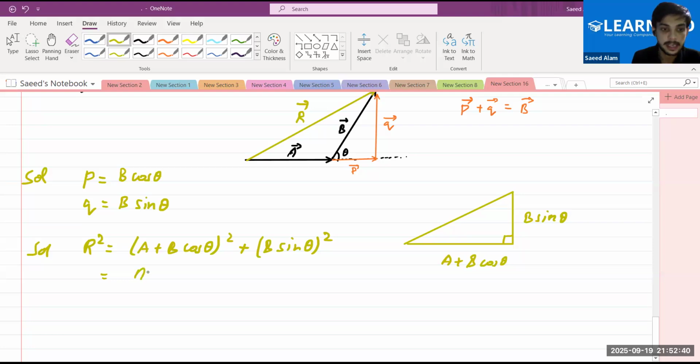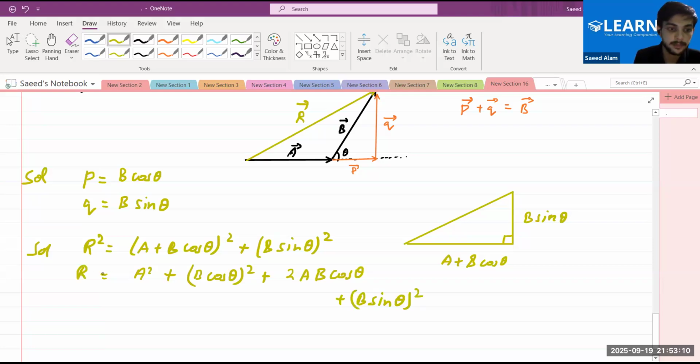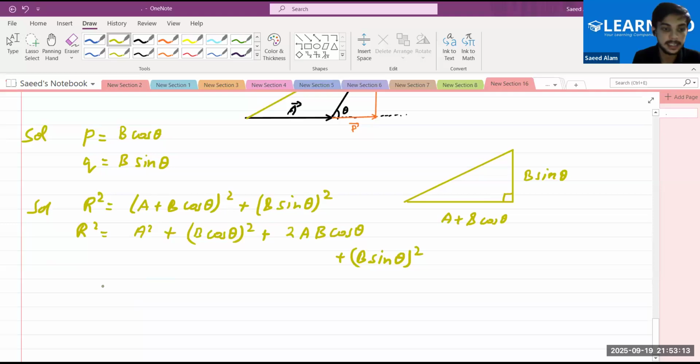A square plus 2ab cos theta plus B cos theta whole square. And this one also will be there, B sin theta whole square. Will it be there or not? Yes. Okay, and if I solve it a little bit more, what will I get?